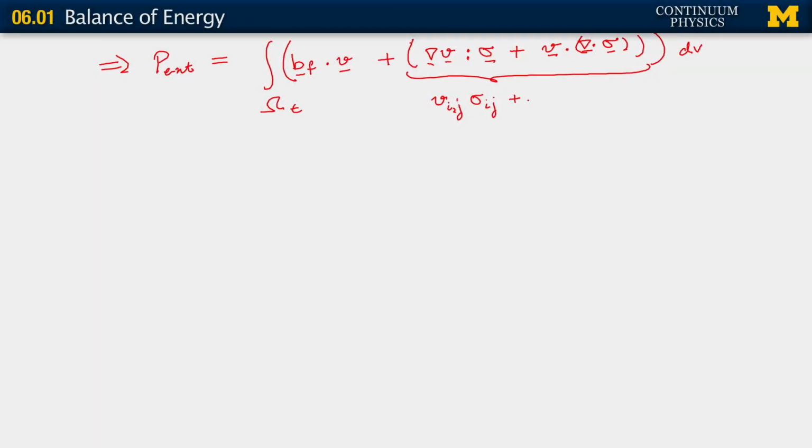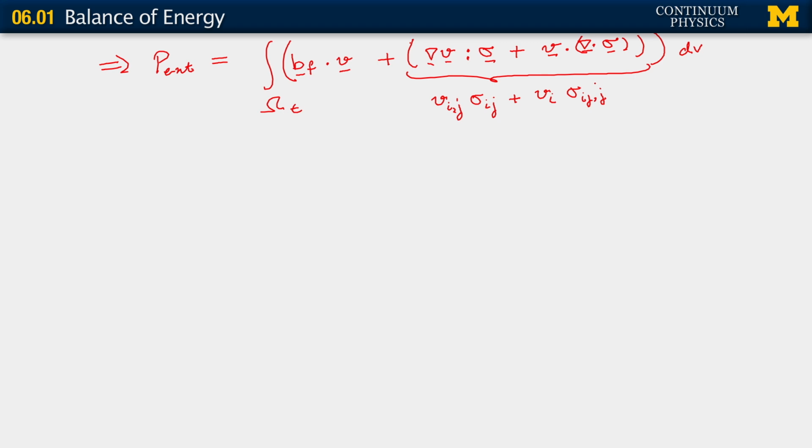Okay, and hence we write it above as the spatial gradient of V contracted with sigma. The second term then is v_i sigma_ij comma j. Okay, right, and that we see clearly to be V dotted with the divergence of sigma.